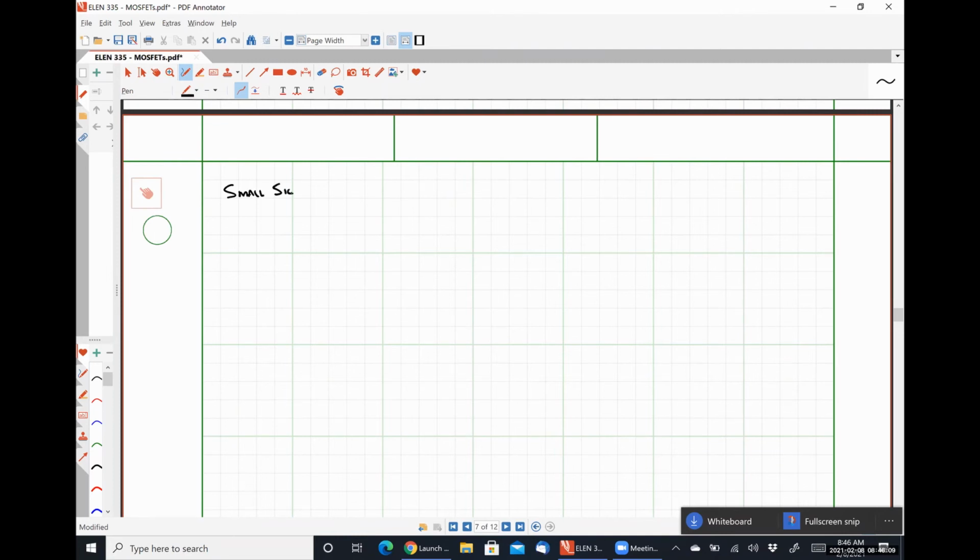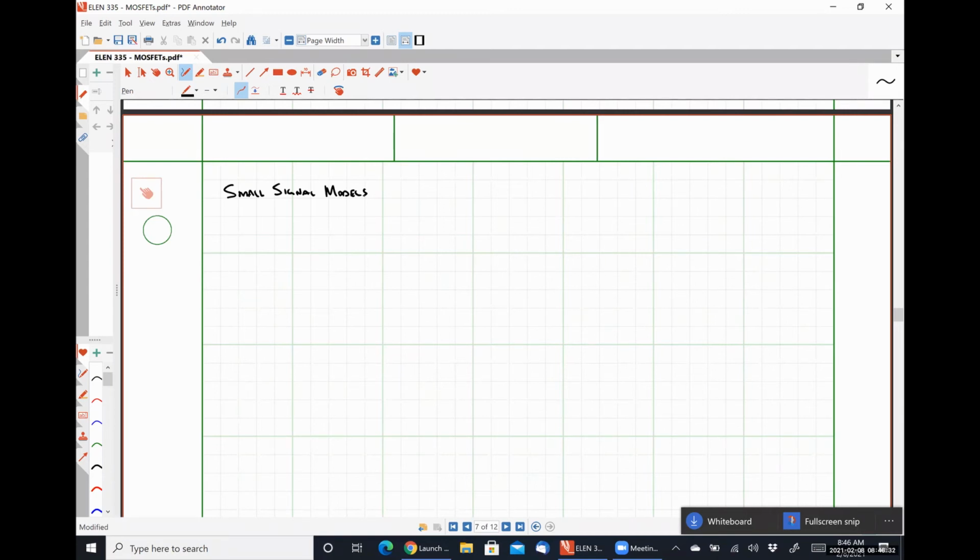Small signal models, this is where you guys are going to get so much practice. These are the ones that are used to analyze variations around a DC operating point.